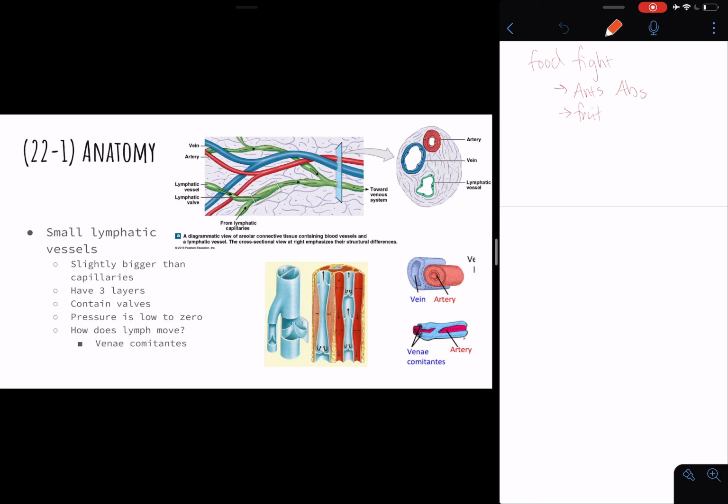So as you can imagine, and that's what's kind of depicted here in the center picture, as blood is moving down through the arteries and lymphatics and venous fluid is trying to move back up towards the heart, the pressure from the arteries will push its way down, and that pressure will push against the walls of the veins and the lymphatics and will help segment that fluid back up towards the heart. And then when the pressure's not there anymore, it'll kind of capture itself at one of those valves, and then wait for the next buildup of pressure before it can push its way back up to the heart.